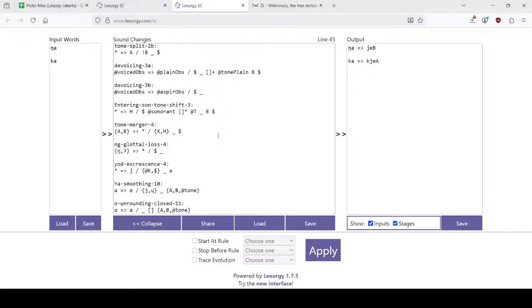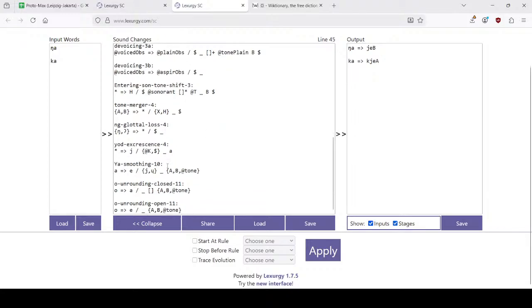Yod excrescence has to happen after this rule, after the smoothing rule.